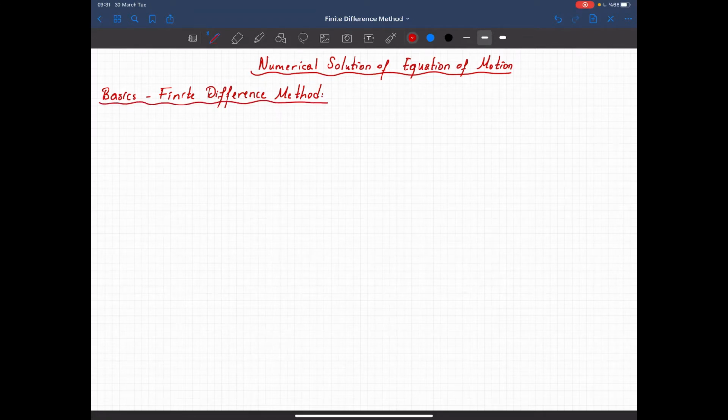Let's first look at the forward difference. So we have, let's say that's t, we have a function f of t, and it has a variation something like that.